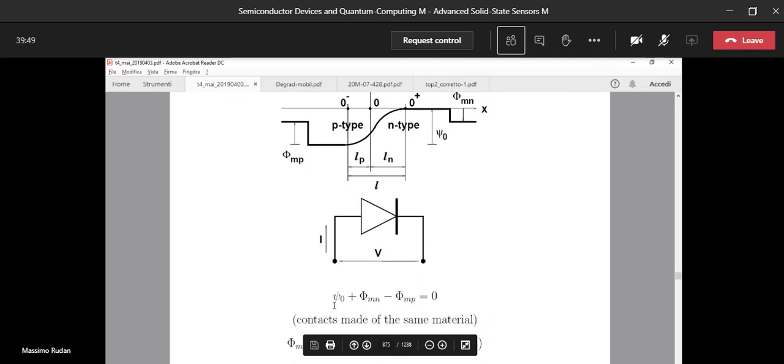Then you go up by psi 0, and then you go along the arrow here by phi mn. So this is the balance relation. It tells you that the built-in potential is equal to the difference phi mp minus phi mn.